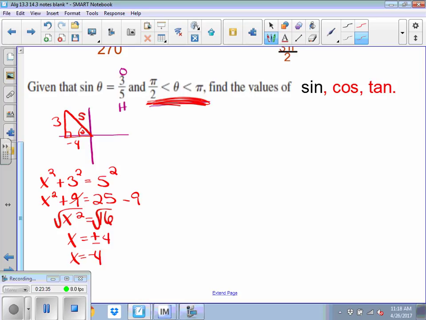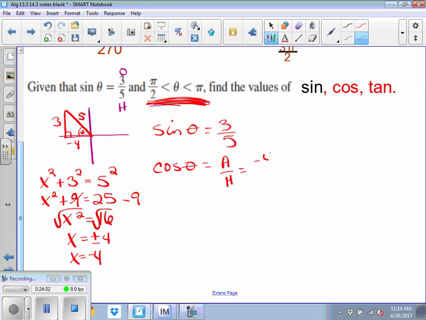Now you can go answer sine, cosine, and tangent. Now for these problems, they give you one, you just have to find the other two. So they gave us sine. Sine of theta is 3/5. That was given. Cosine is adjacent over hypotenuse, right? What's adjacent to theta? Negative 4.